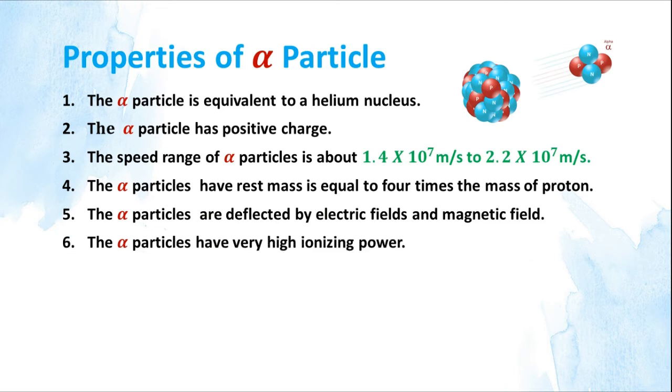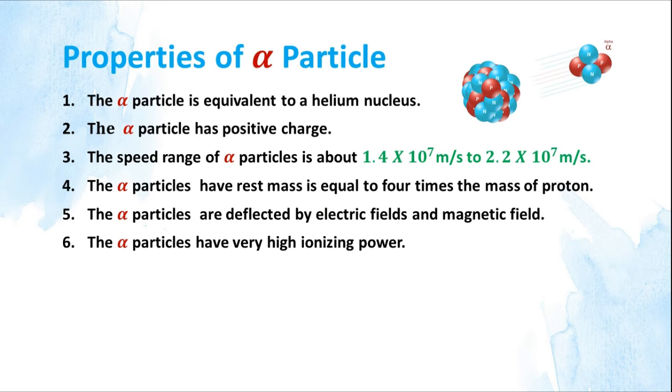The next property is that the alpha particles have very high ionizing power. Here ionizing power means ionizing energy. Ionizing energy means you take an atom, inside the atom the electrons are present.